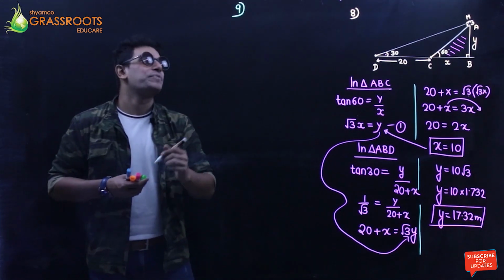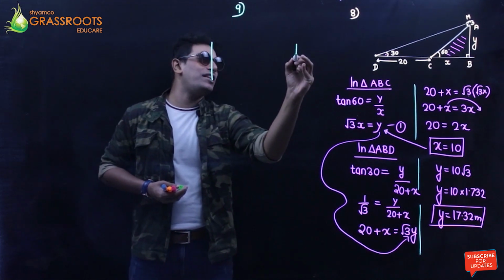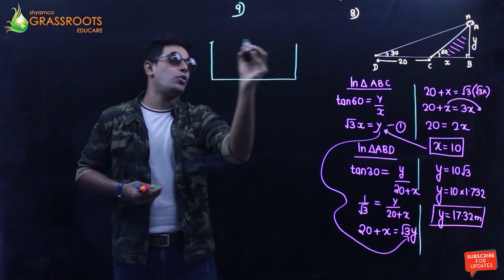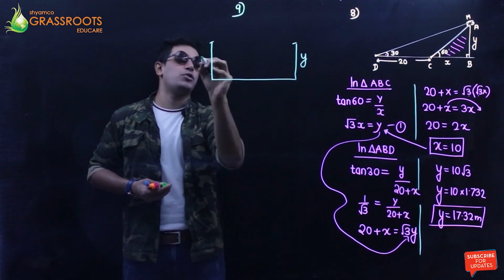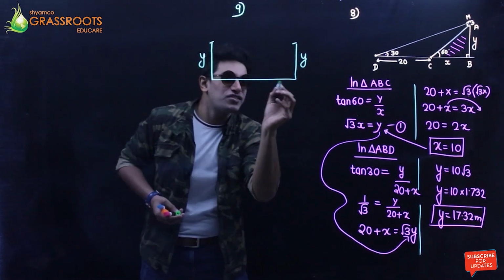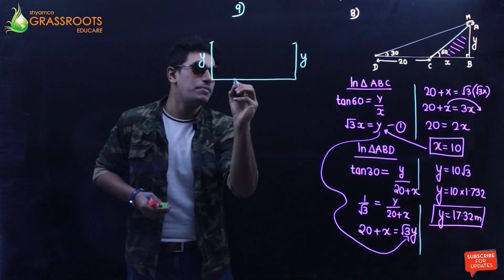Nice, simple. Look, two pillars are of equal heights. So, obviously, if this is y, this will also be y. There is a point somewhere, not in the middle, I am sorry, somewhere in between.